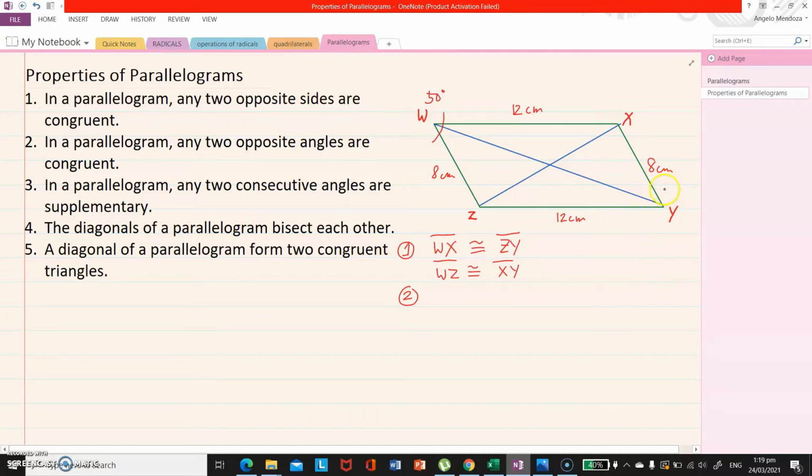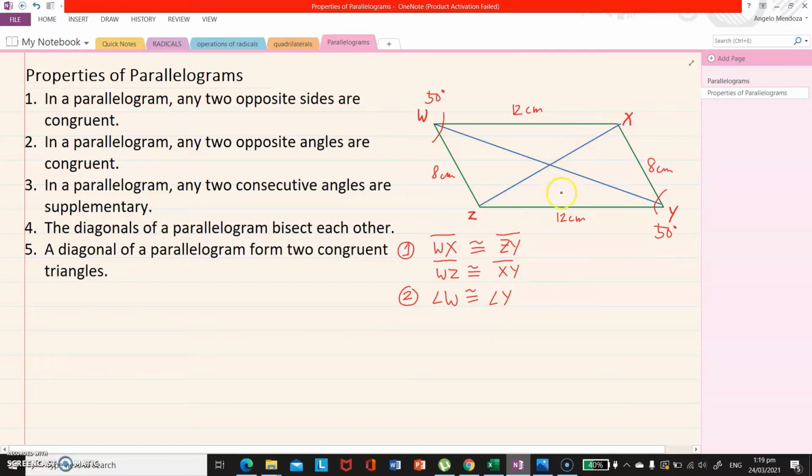Since ang opposite niya is angle Y, so this will be also 50 degrees. So we can say that angle W is congruent to angle Y, since they have the same angle measure at 50 degrees.